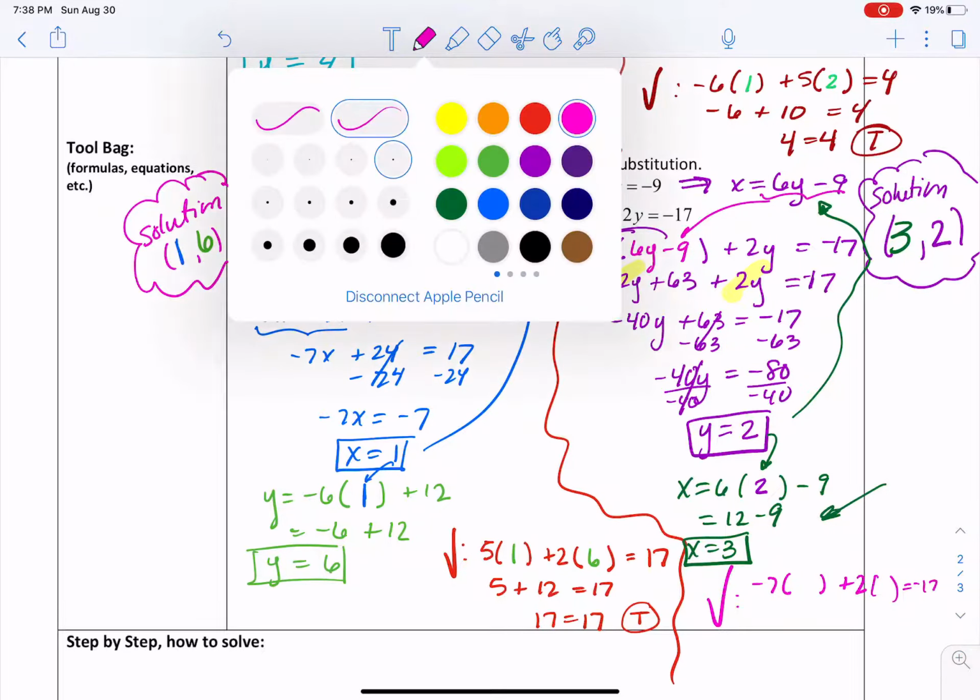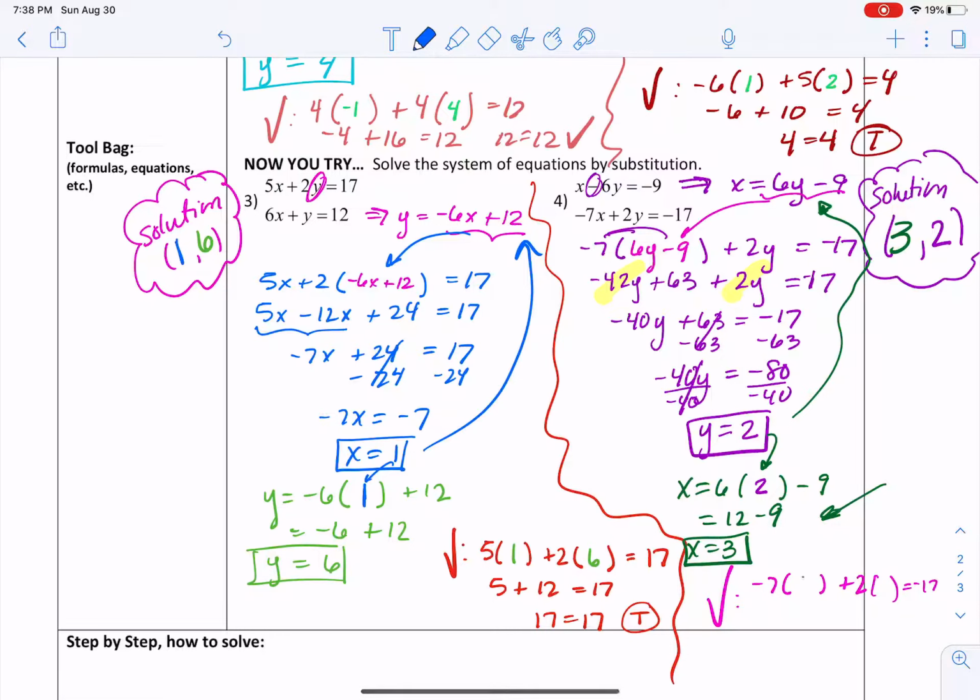So I know that the values for that, x is 3 and y is 2. So this is -21 plus 4 equals -17. -21 plus 4 is -17 equals -17. This is true.